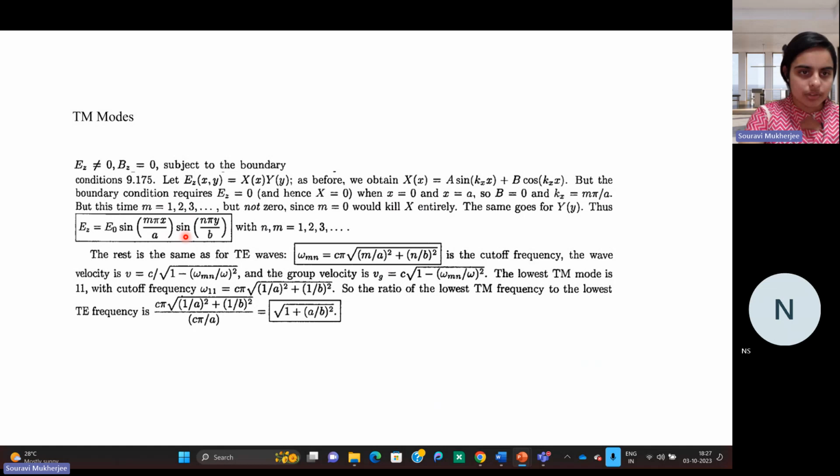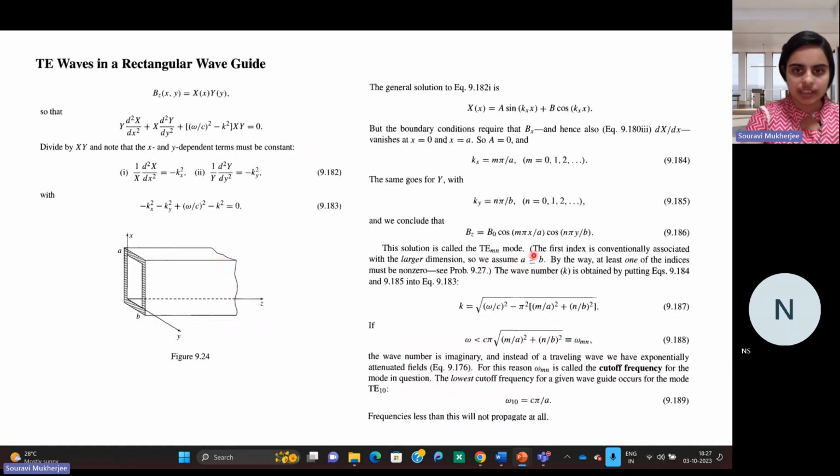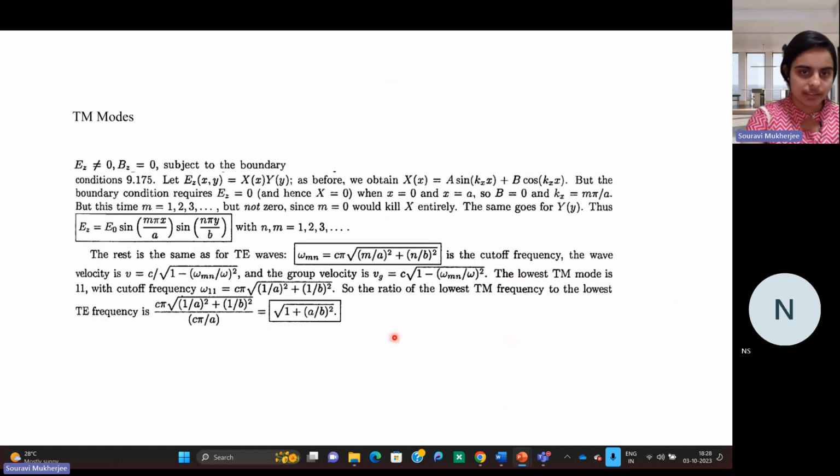Now, if you follow the same process as we were doing here, you now know kx and ky, you put them in the definition of the wave number, and this is what you get. From here, you can get the value of your cutoff, and this is how it looks. And these are the values of your wave velocity or group velocity.